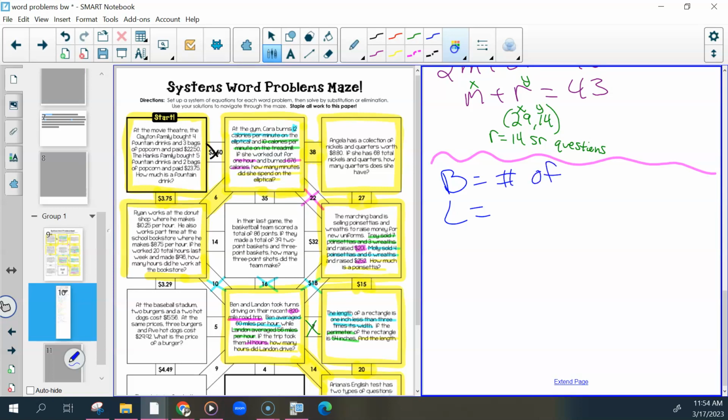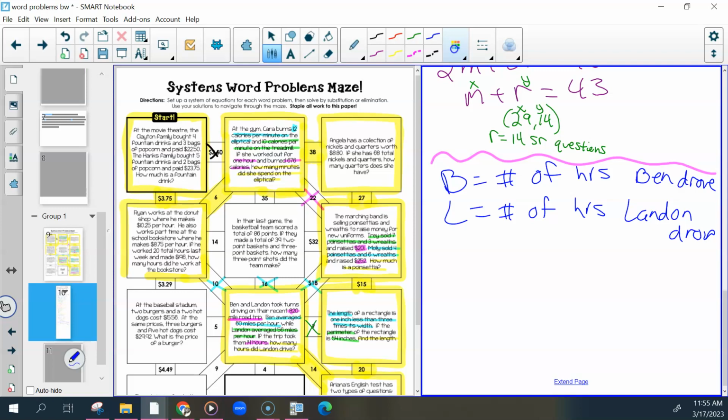Number of miles bend row and number of miles land row. It is hours, not miles. My bad. No, you're good.